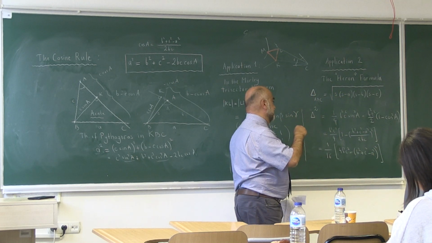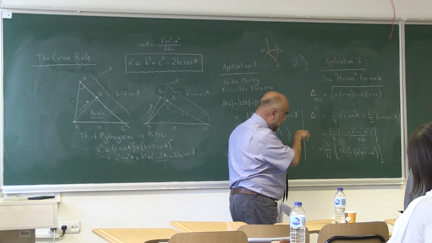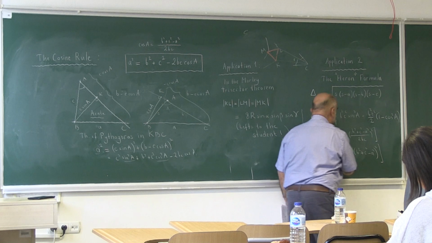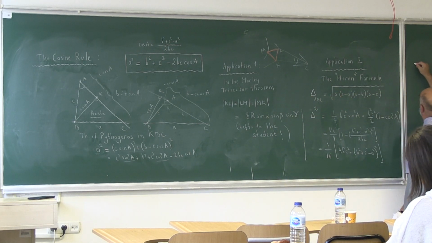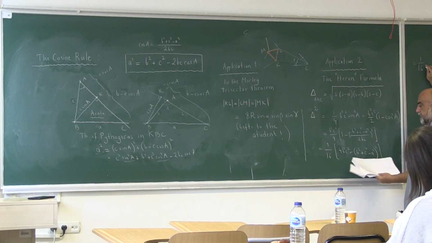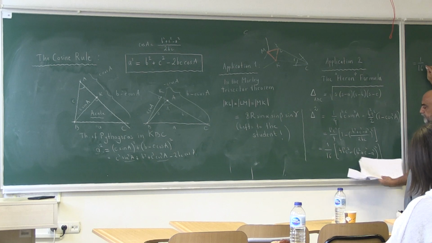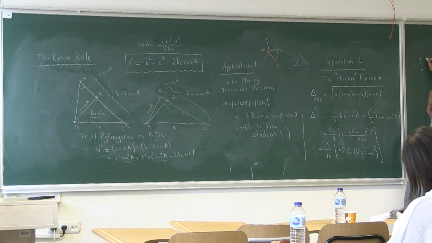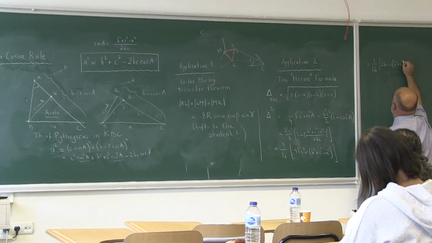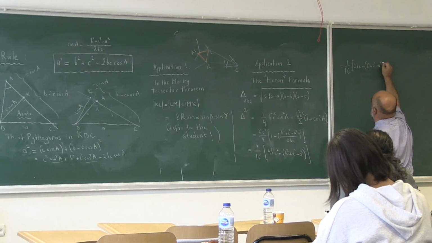Now let me once again do the obvious factorization of this thing. So 1 over 16 is here, which will stay there for a rather long time. This is the difference of 2 squares, so I can write this as follows: 2BC minus B squared plus C squared minus A squared.